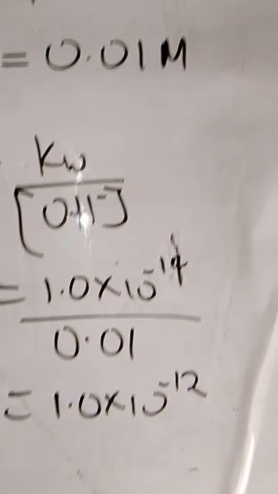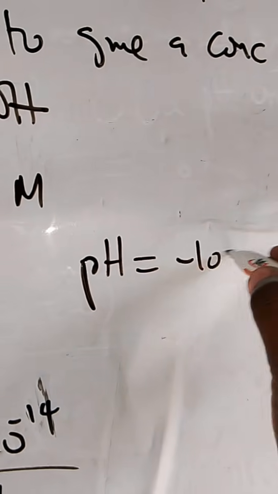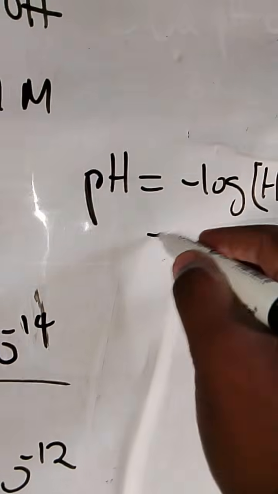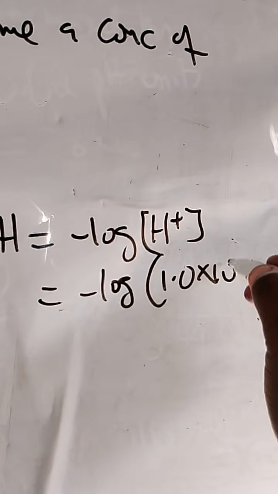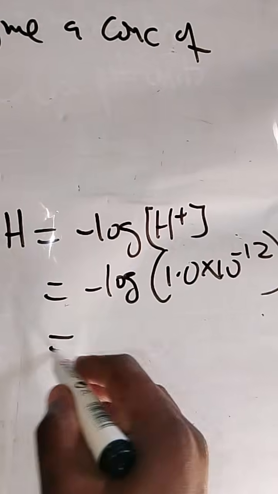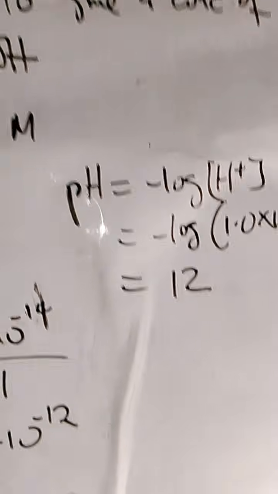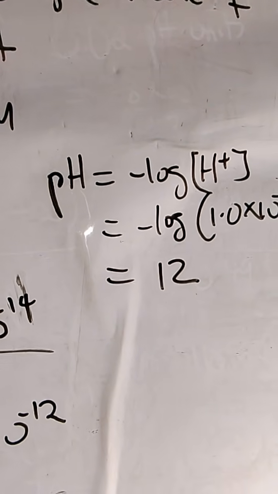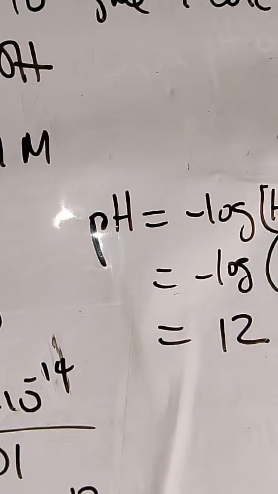Then we find the pH. pH is equal to negative log of the hydrogen concentration, so negative log of 1.0 times 10 to the power negative 12, which gives us 12. So the pH now will go to 12.